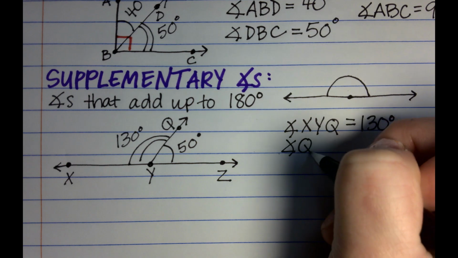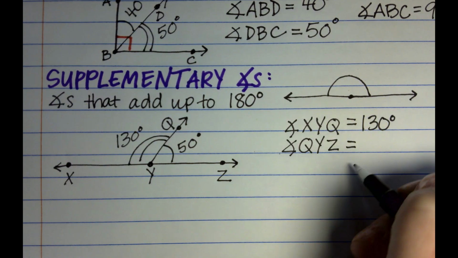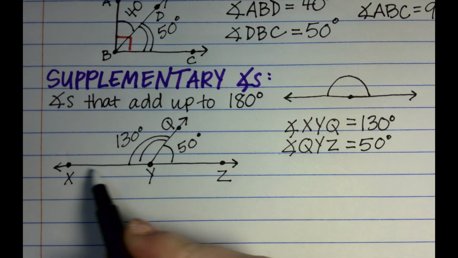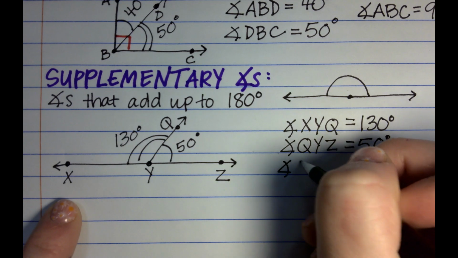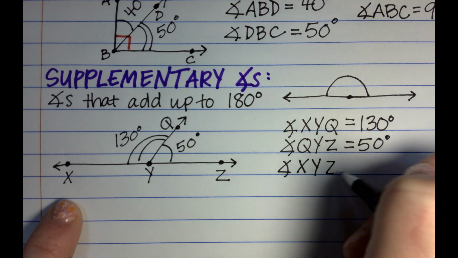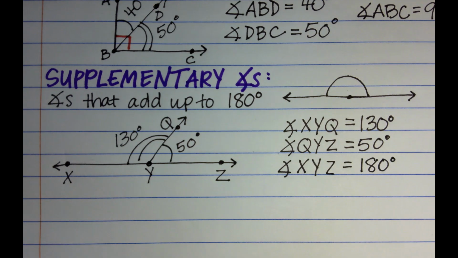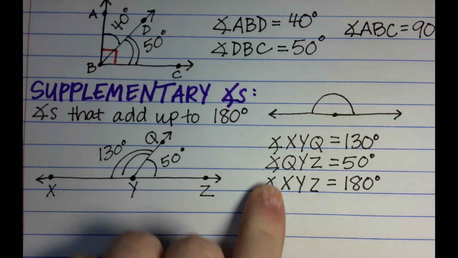And then it's X, Y, Z. So we have QYZ is 50 degrees. And then our full angle, XYZ, is 180 degrees. There we go. And don't forget to name it with the angle.